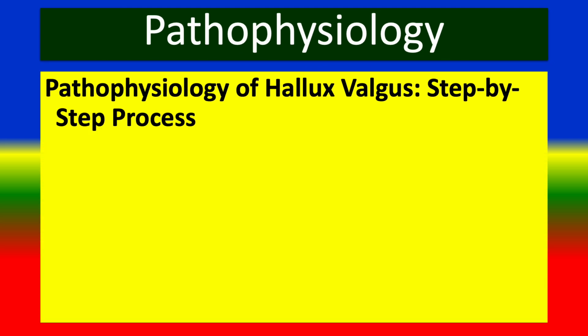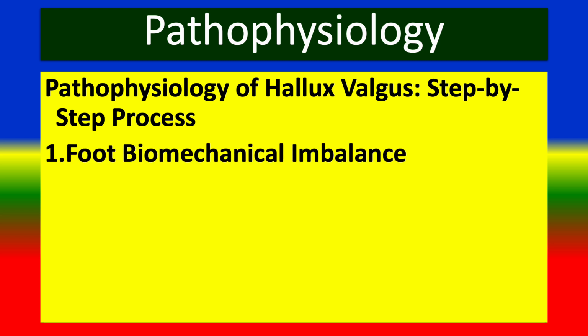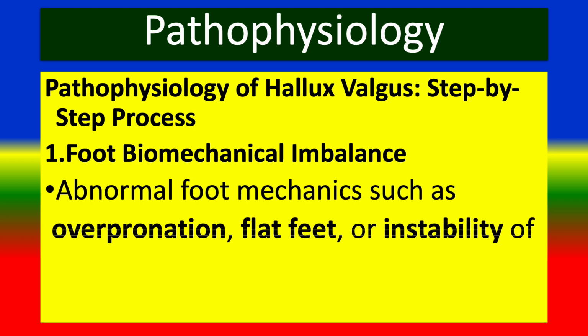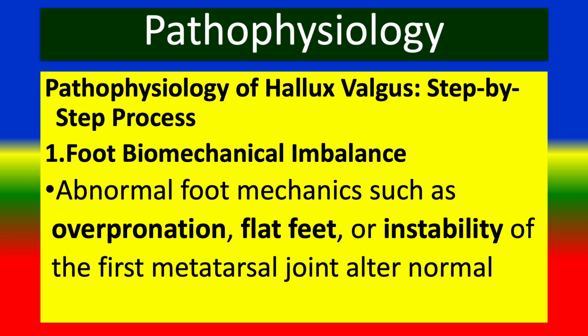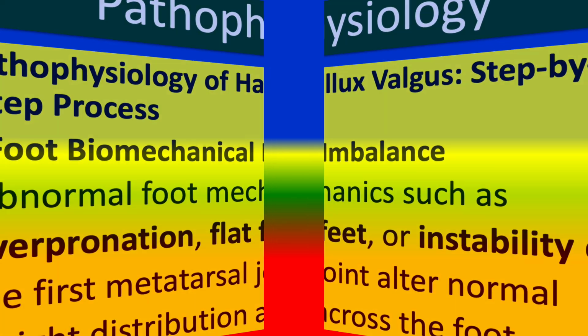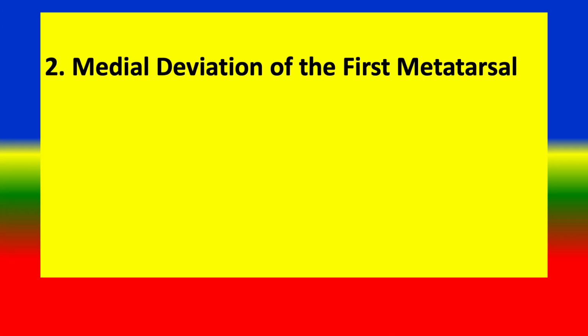Pathophysiology of hallux valgus, step by step process. 1. Foot biomechanical imbalance. Abnormal foot mechanics such as over pronation, flat feet, or instability of the first metatarsal joint alter normal weight distribution across the foot. 2.